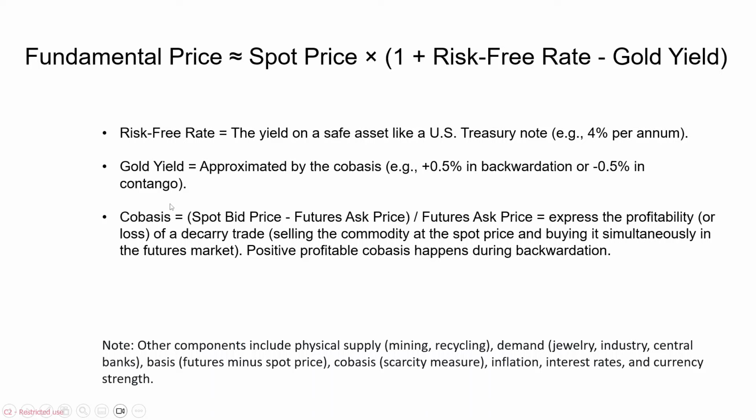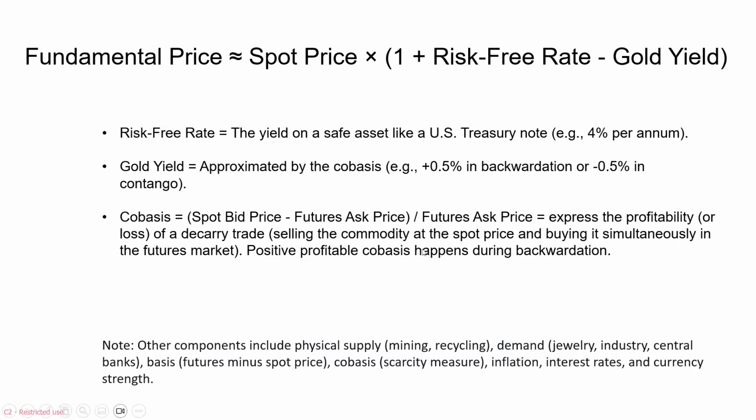If the co-basis is positive, then you have a profitable de-carry trade, and that typically happens during a backwardated gold futures curve. So where the gold price is currently 3,300 and in the future it's lower at, for example, 3,000.